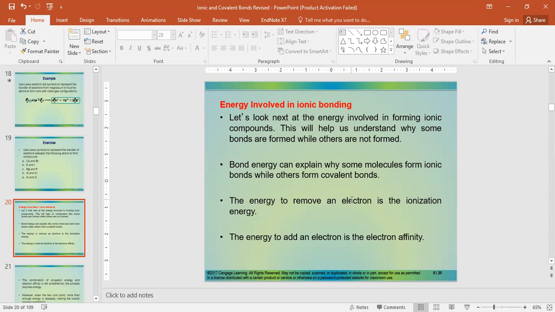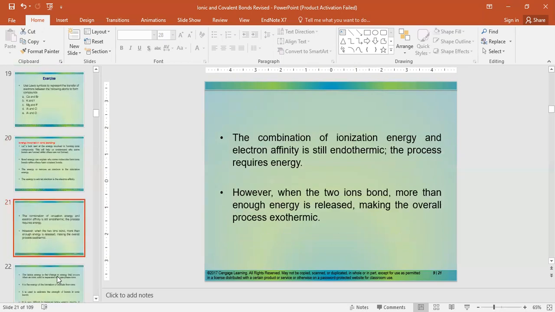The energy to remove an electron, we have seen, is the ionization energy, while that which is required to add an electron is what we call electron affinity. Both of these are processes that require energy, and therefore they are endothermic processes. The combination of ionization energy and electron affinity is still endothermic because these two processes require energy.